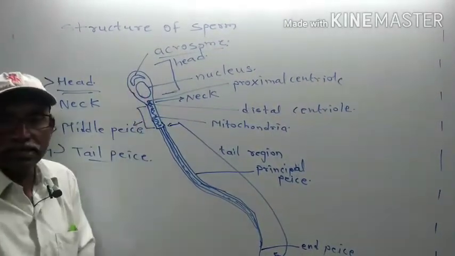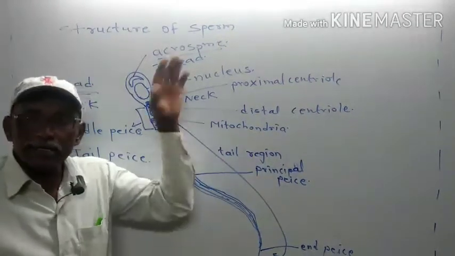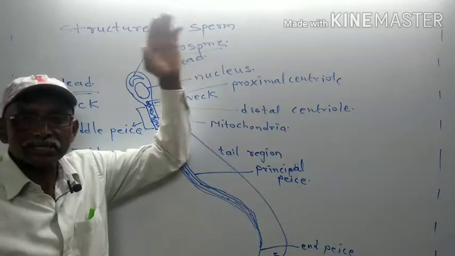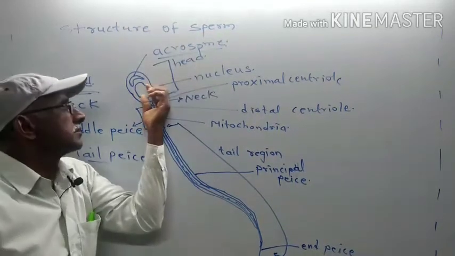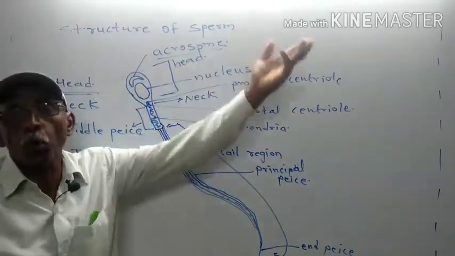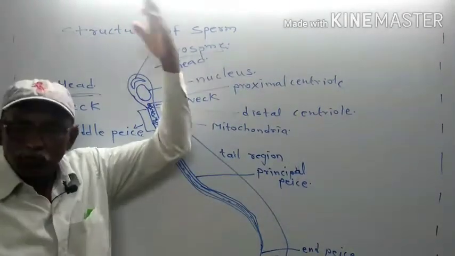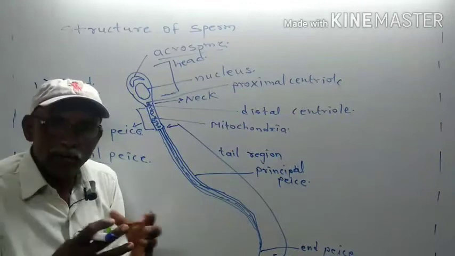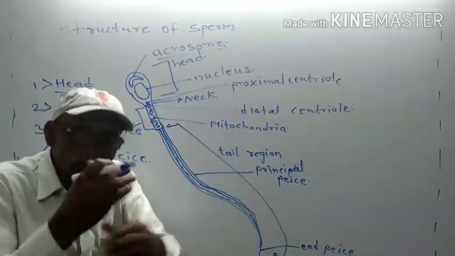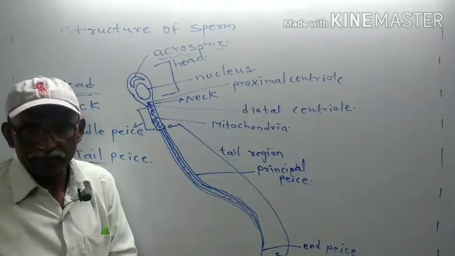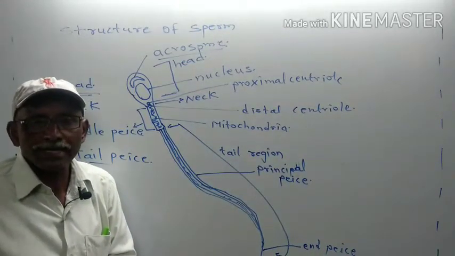Then the nucleus. When the head region enters into the egg apparatus or the ovum, this nucleus turns into the male pronucleus, and this pronucleus and the female pronucleus unite, and there is a mixing of genetic material.